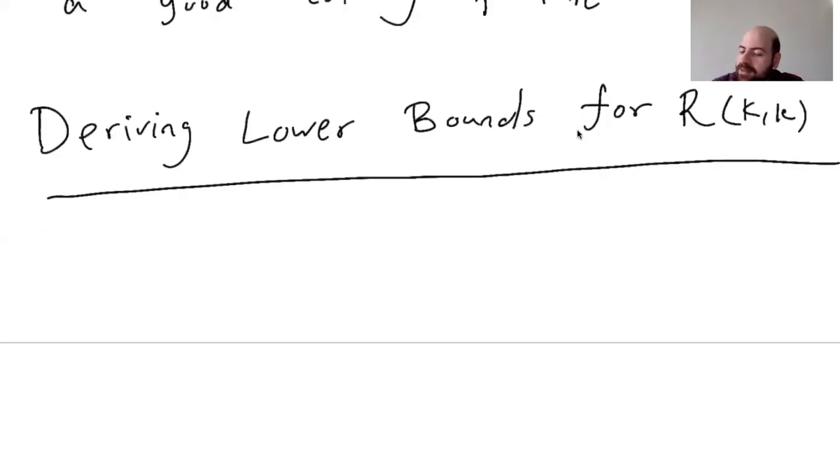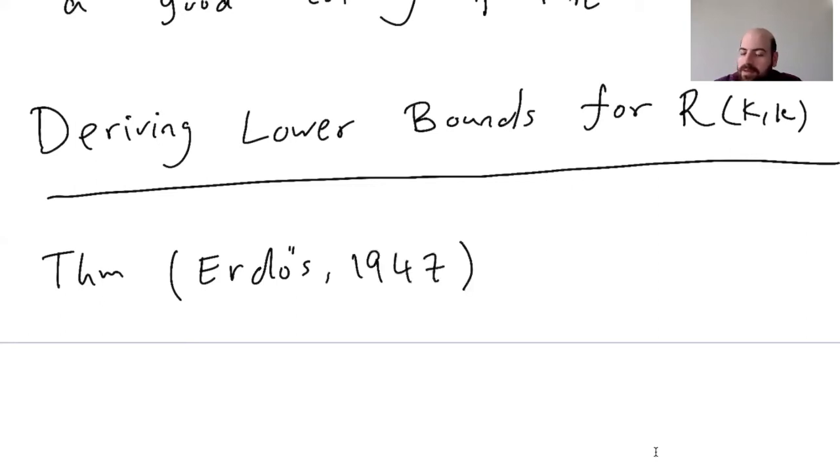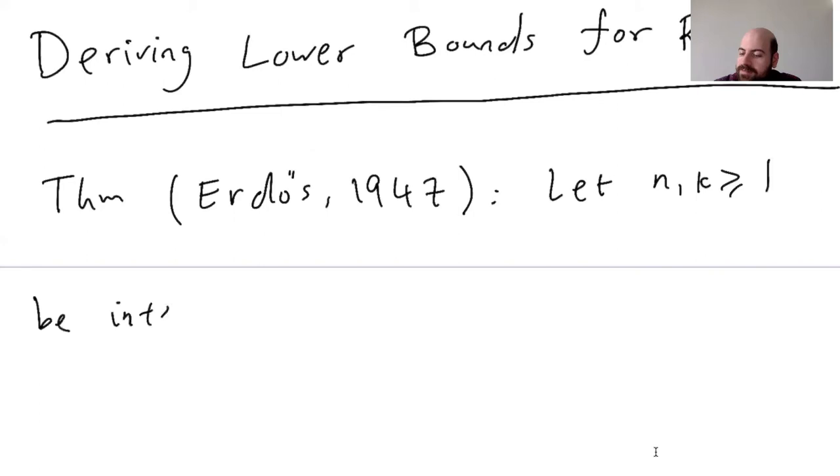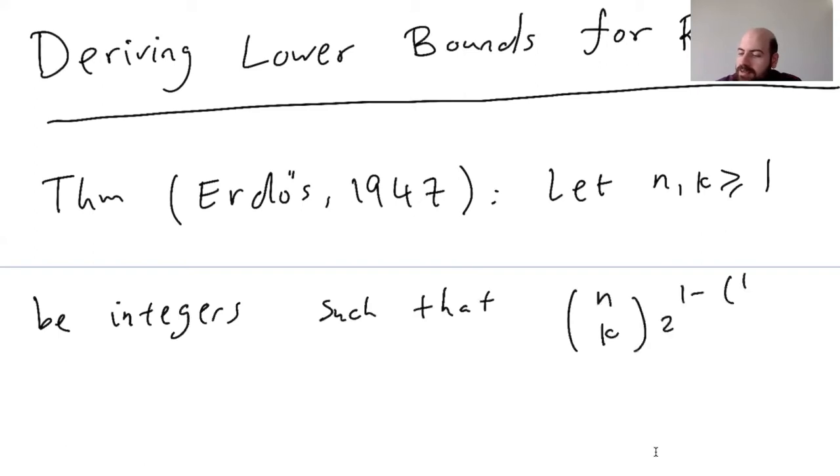Okay, so let's start with a theorem which was proved by Erdos in 1947. Let n and k, bigger than or equal to 1, be integers such that n choose k times 2 to the power 1 minus k choose 2 is less than 1.